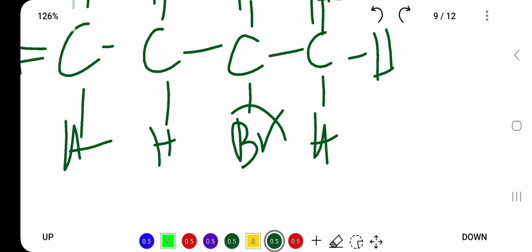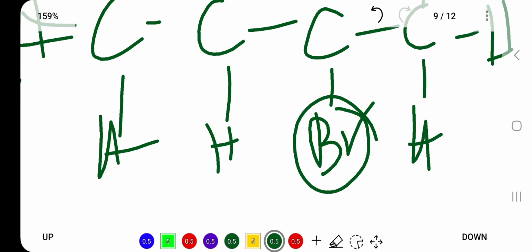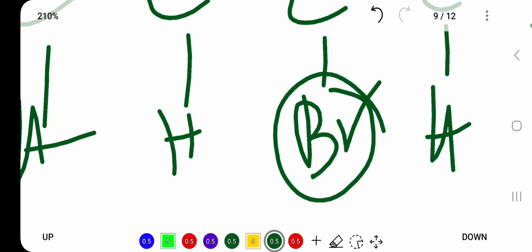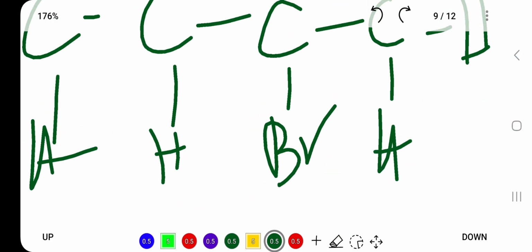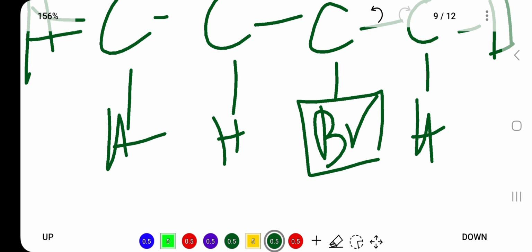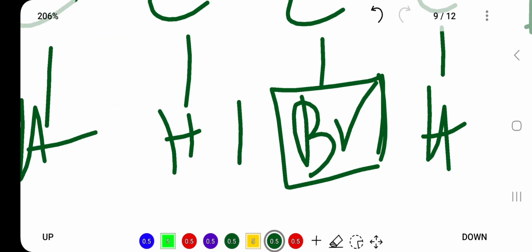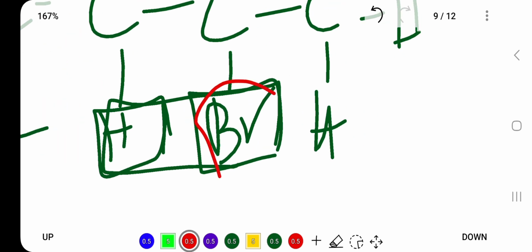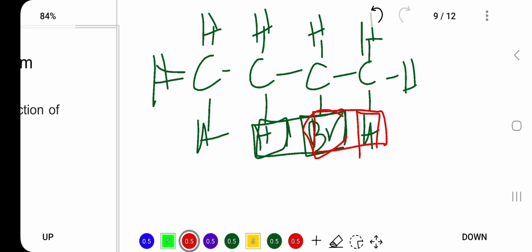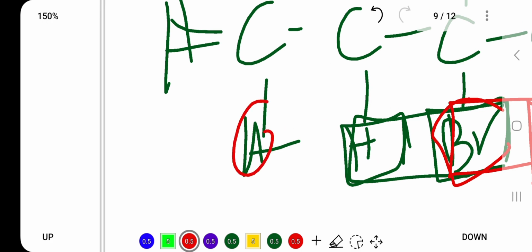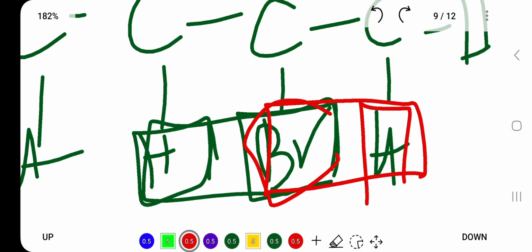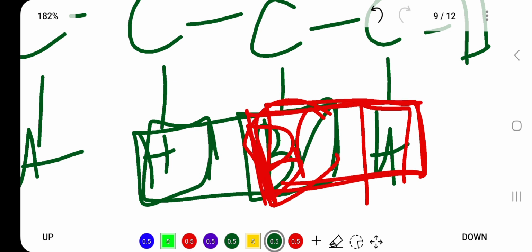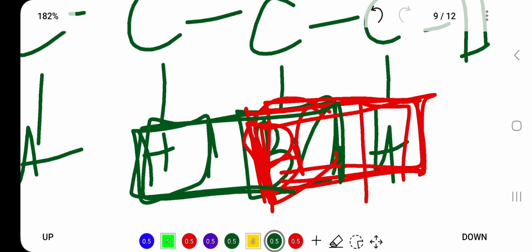So you eliminate the Br and whatever H is near the halogen. Eliminate Br and any of the H near it. So you can either eliminate Br with this H, or Br with that H. You can't eliminate this H. It should be whatever H is near the halogen, which in this case is Br.